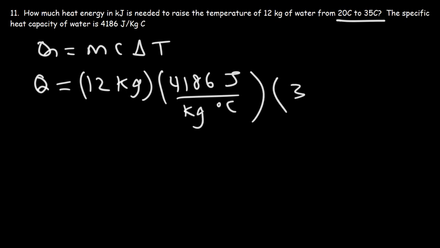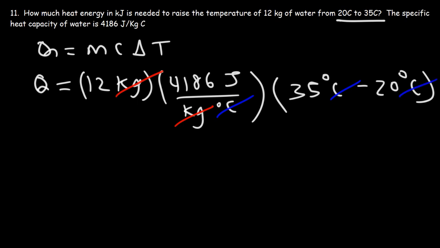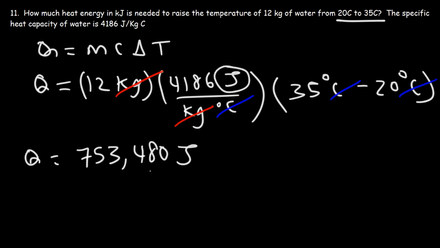The change in temperature is the final temperature of 35 minus the initial temperature of 20. So the unit Kelvin will cancel, and the unit Celsius will cancel. So 35 minus 20 is 15, times 12, times 4186. So Q is going to be 753,480 joules, as we can see here.